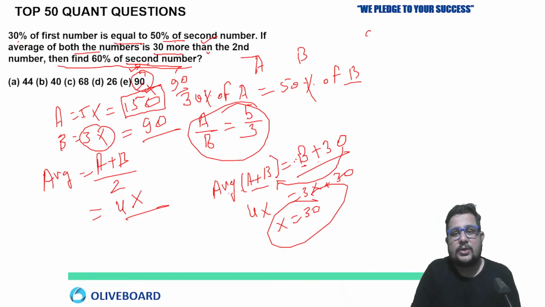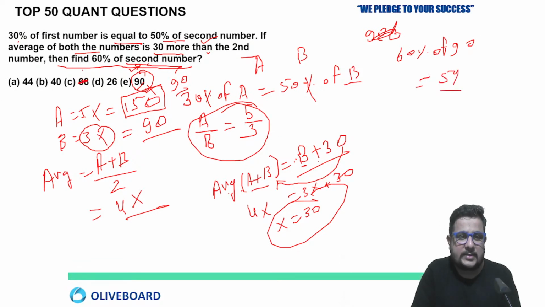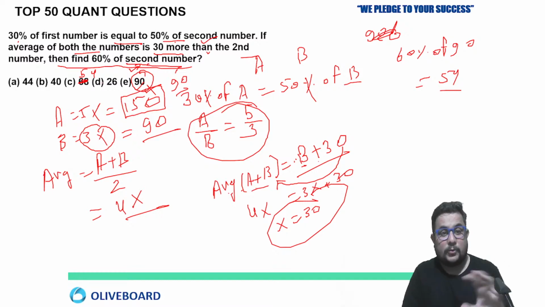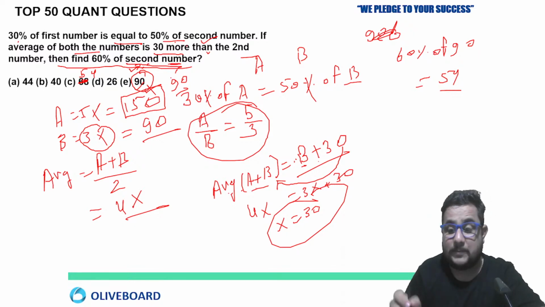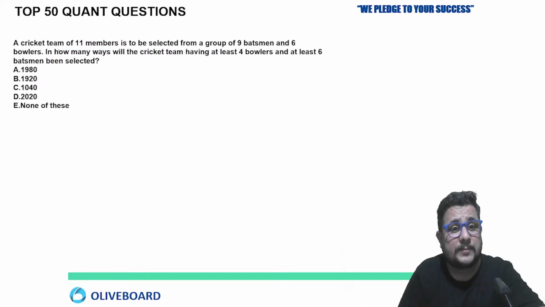So yes, 60% of the second number is going to be what? 60% of 90 is going to be 54. Clear? That's why it is not there. So I am putting option C, 54. While making the question, I just put the option accordingly. I put second number here in the question, but I took the first number's 60%. Okay. Let's move on to the next one.